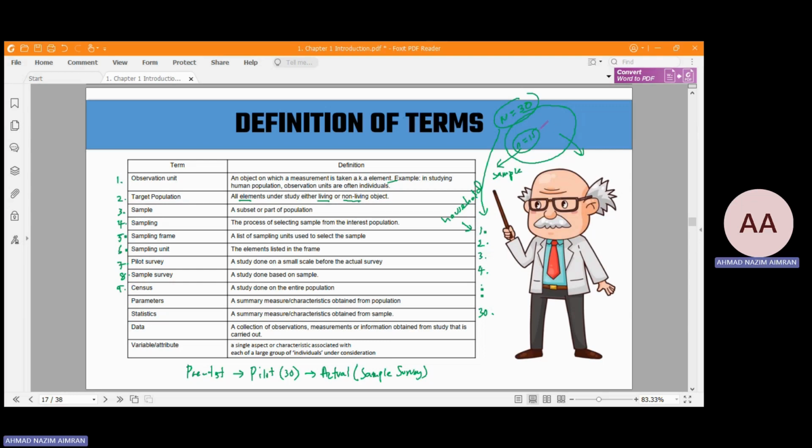Instead of using 15 here, you use all 30 students. It means that you are conducting a census. It is no longer a sample survey.